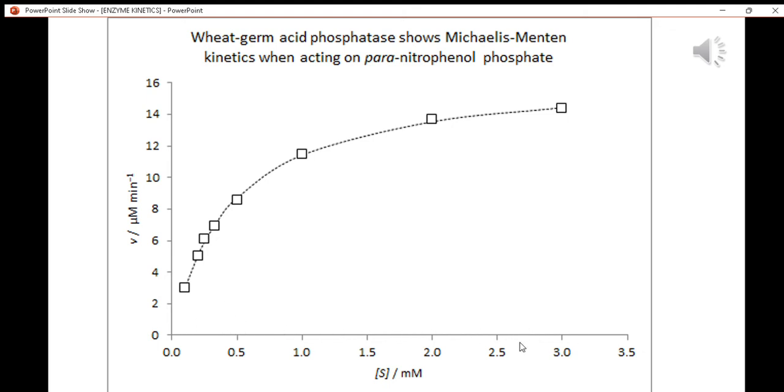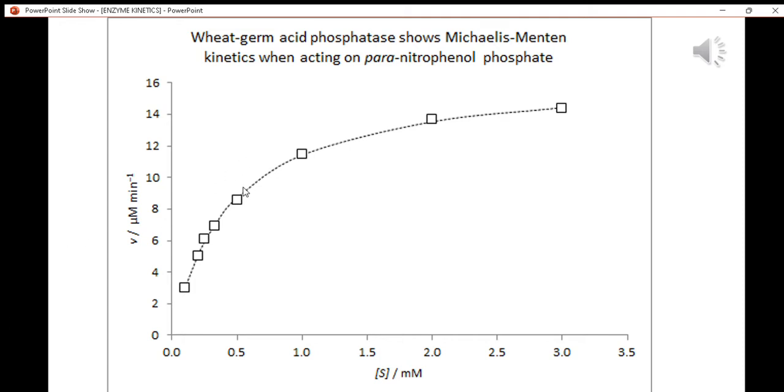It is the concentration of the substrate. The unit is millimoles. You can see 0, 0.5, 1, 1.5 like that. On the y-axis, we have the velocity. The unit given there is micromoles per minute, which means how many micromoles of the substrate are converted into product per minute.